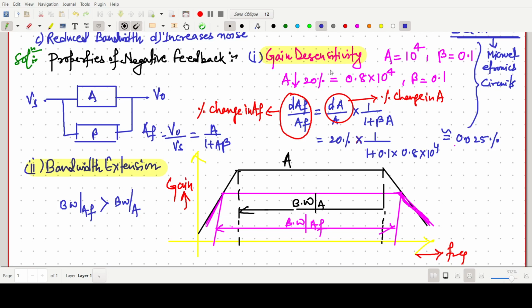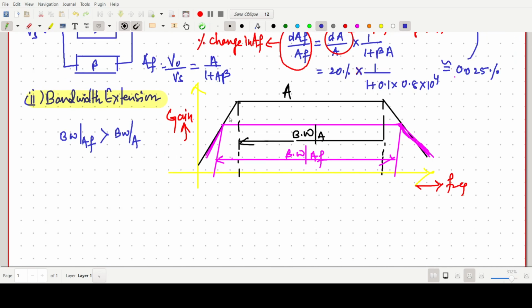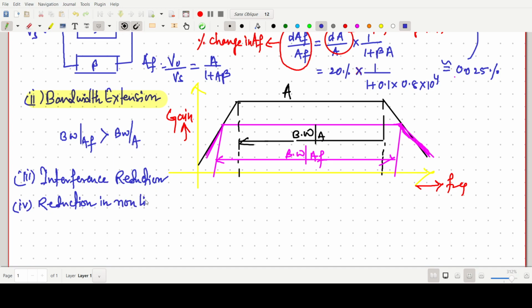So gain desensitivity is one property. Bandwidth extension is another property of negative feedback. Now I am going to write the third property, that is interference reduction. Now you remember these points: interference reduction is one more property, and the next one is reduction in nonlinear distortion.